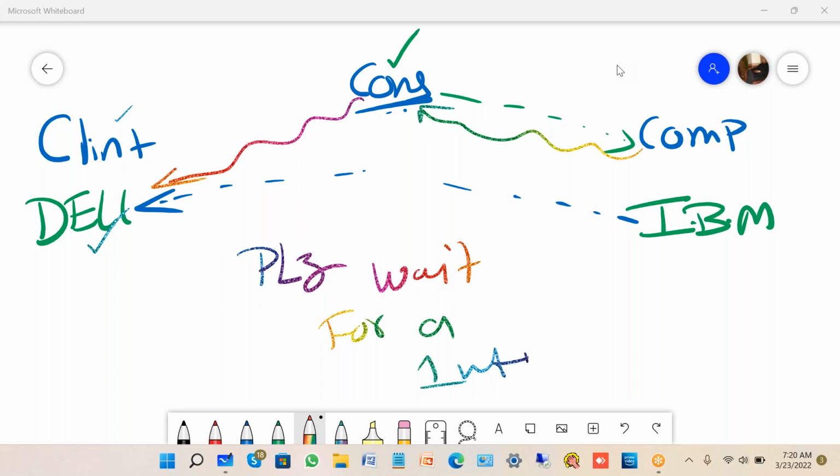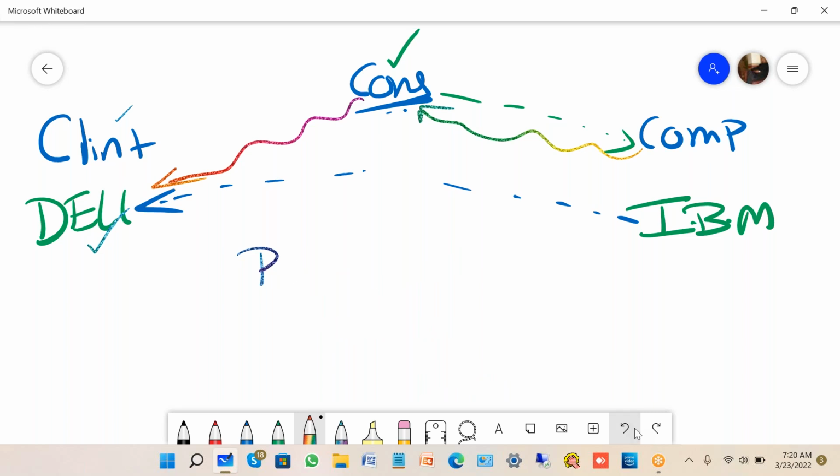So here, what I was talking about, as a consultant, you need to understand the client. What do you need to understand about the client? About the client requirement, the client infrastructure, the client business process.